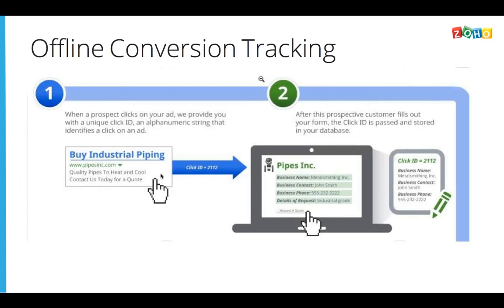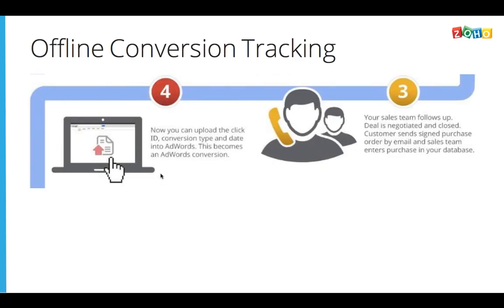Now, how was it done earlier? Google had given this ability where a person would click on an ad, land on the landing page, fill up the form, and a sign-up gets completed, a lead gets generated. Then someone had to manually collect the data and upload it back to Google AdWords to make the process complete.